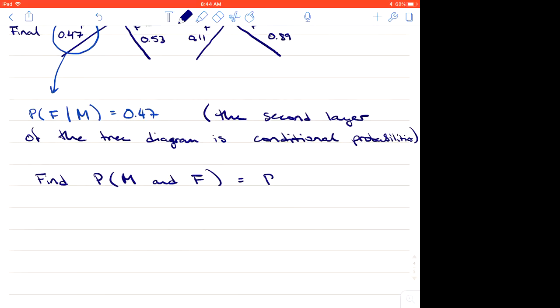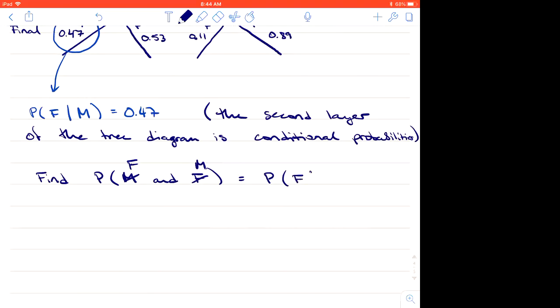The probability of, oh, you know what? I should reverse these. F and M. Let's see why in a sec. The probability of the final given the midterm.